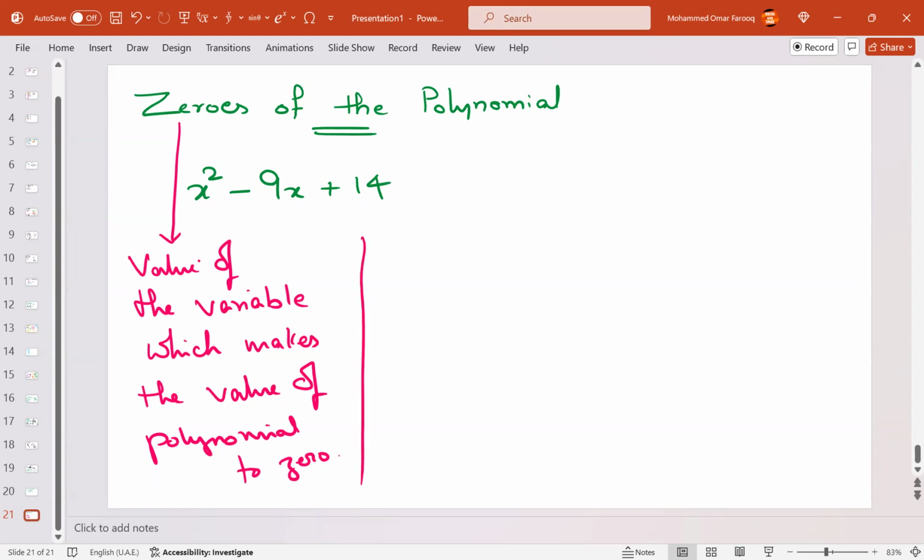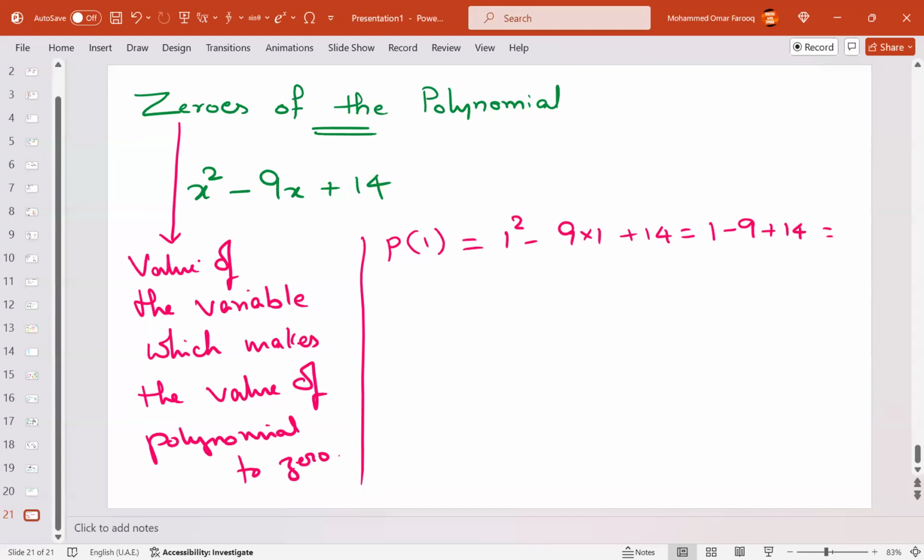In order to explain this, let us take p of 1. That means in place of x, you keep 1. So 1 square minus 9 into 1 plus 14. 1 square is 1, minus 9 ones are 9, plus 14.